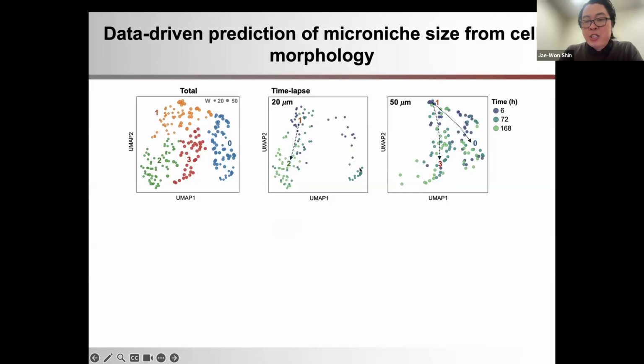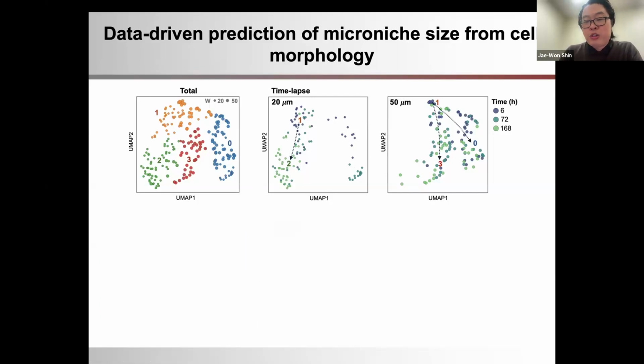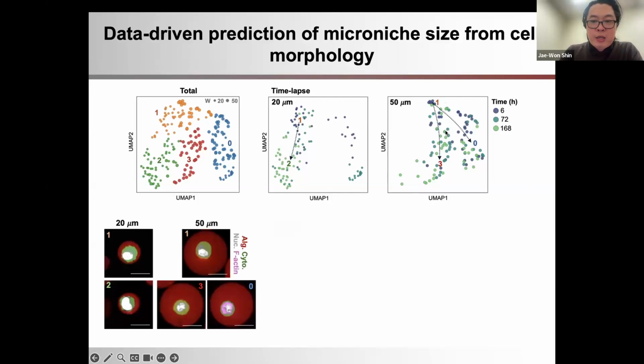And this result basically shows that in the thicker microgels, cells actually undergo two different kinds of trajectory: in one trajectory they remain unexpanded, while in the other they actually develop actin cytoskeletal formation, while cells in the thinner gel consistently undergo expansion in volume.